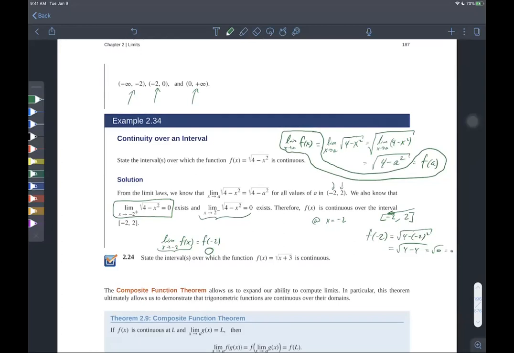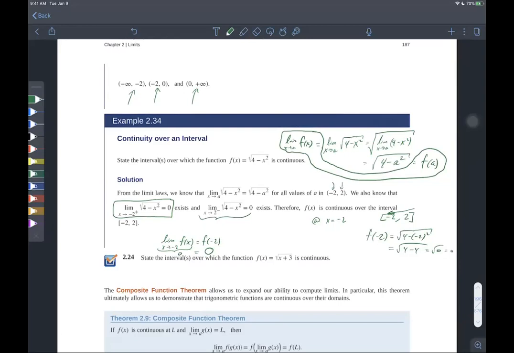And so our limit is 0. Since both of these are equal, that condition here is satisfied, and therefore the function is continuous from the right at x equals -2.